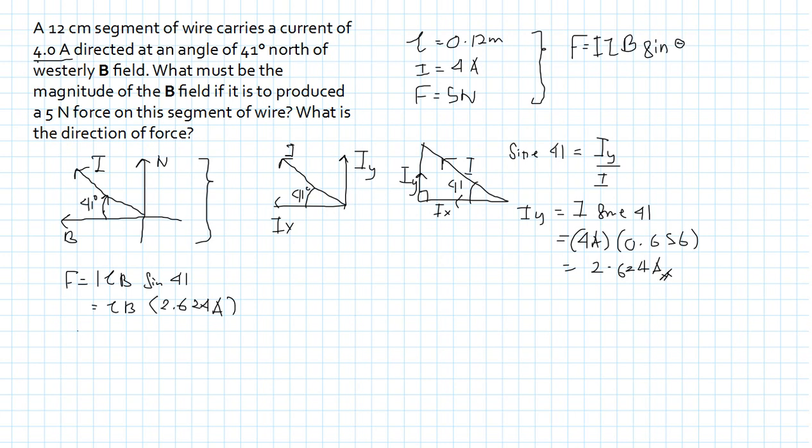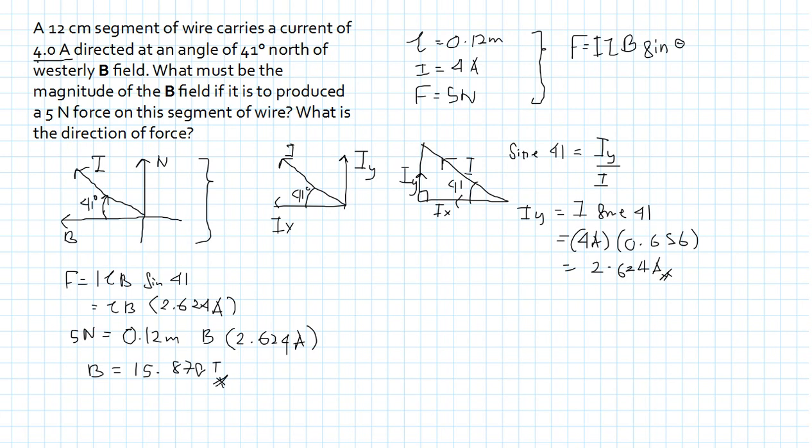F is 5 Newton, L is 0.12 meter, and B is unknown, and we have the I sine theta, 2.624 ampere. So can we find B? Yes, we could find B. Rearranging the equation, finally B we will get about 15.878 Tesla.